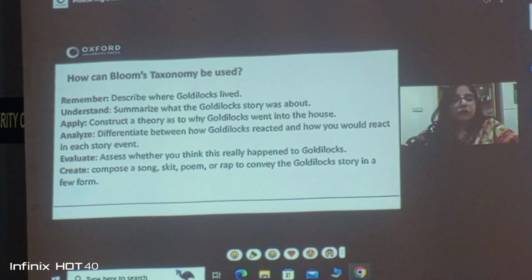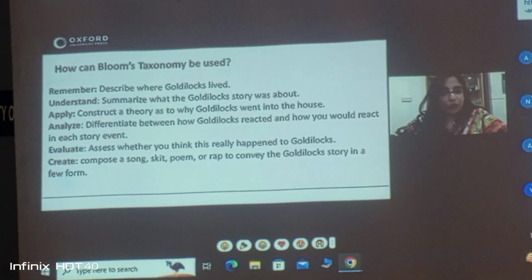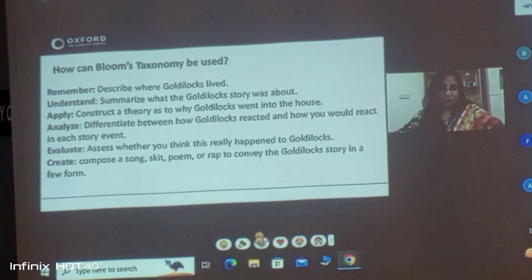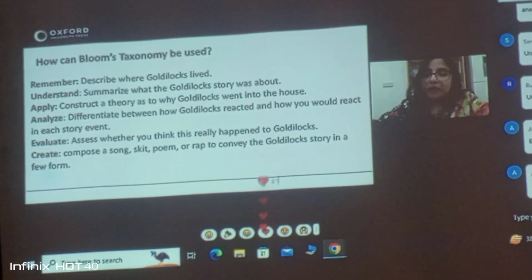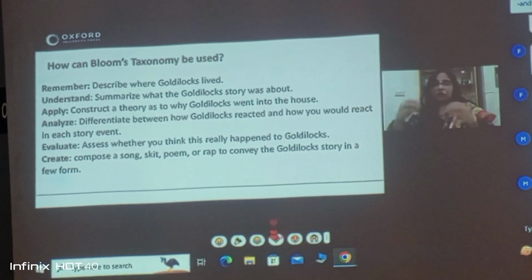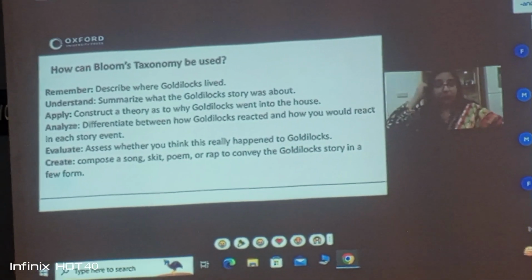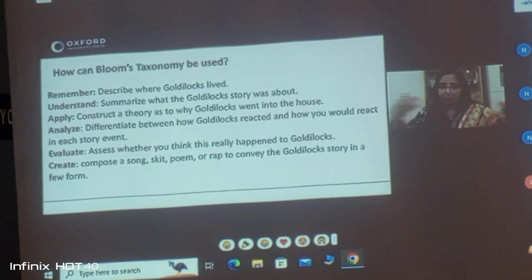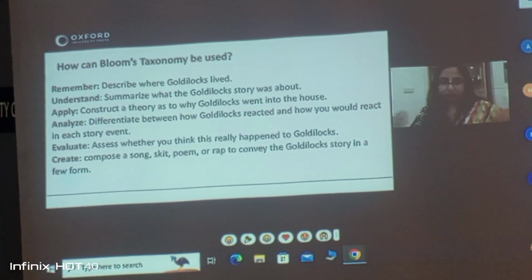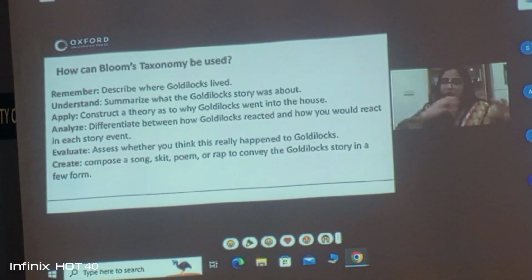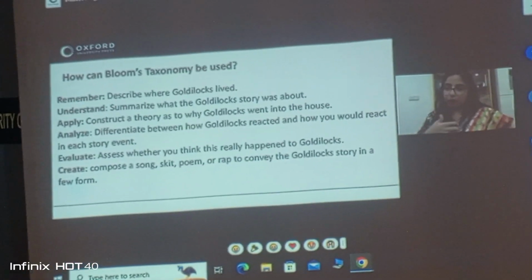If your question falls in remembering, you have to comment remember along with your question. If it falls in understanding, comment understanding along with your question. If it falls in applying, comment your question along with that domain. If it falls in analyzing, comment your question along with the domain.